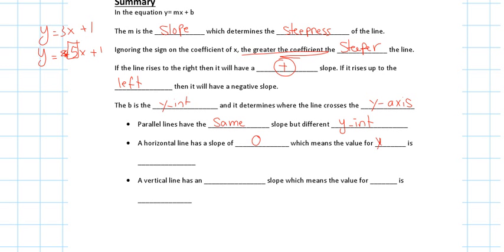So let's look at this for a second. If you're looking at a horizontal line, that's a horizontal line, right? So no matter where the x is, if I'm looking at the points, this is going to be (0, 1).